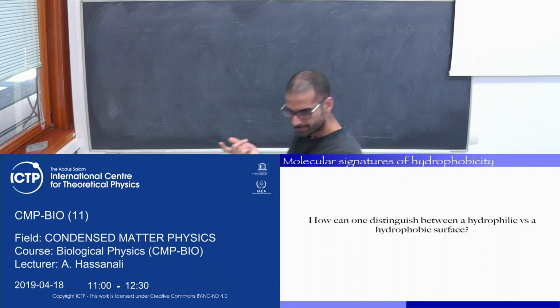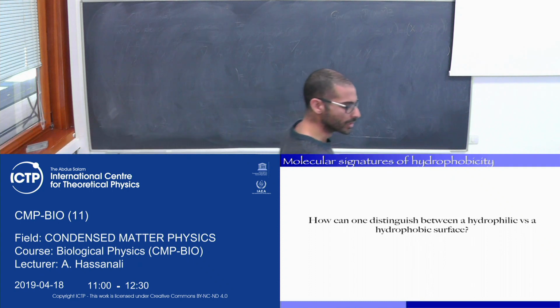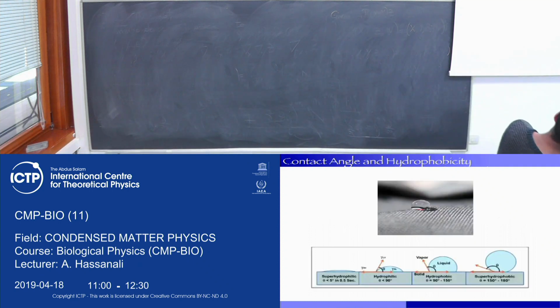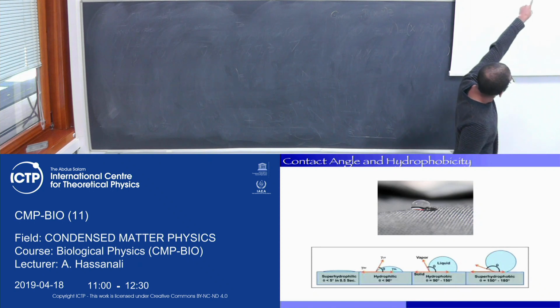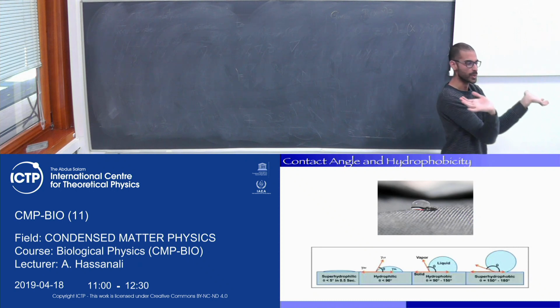The contact angle. Okay, so contact angle is related to Young's equation, which is related to the three components of the interfacial energy between solid-vapor, liquid-solid, and vapor-liquid. If I put a droplet on a hydrophobic solute, I can measure the wettability by the angle that the droplet makes with the surface.